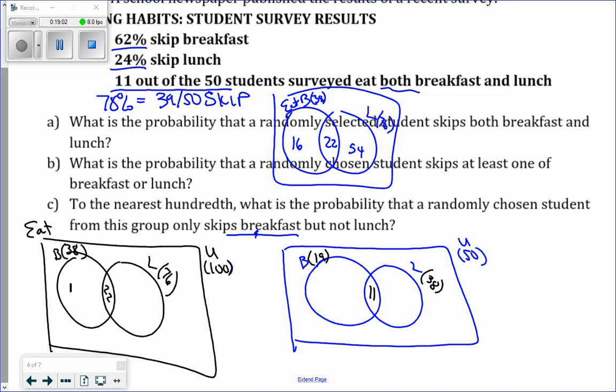So that would be 16. Subtract here 44. Subtract here would be 8. And subtract here 27. So again, each of these numbers represent a percent. Each of these numbers represent a number. So 11 people eat both. Whereas this one, 22% eat both. So it's the same picture. It's just if you're doing it by number, if you're doing it by percent.